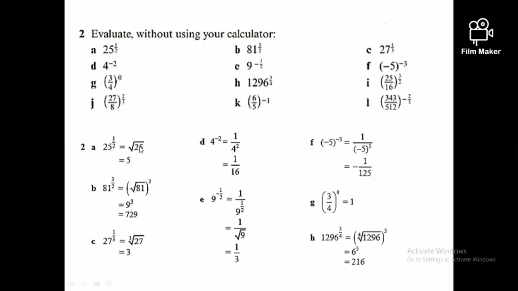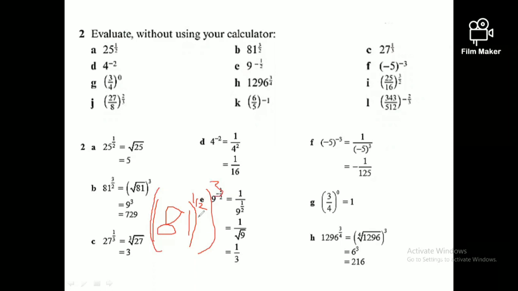25 to the power half is the square root of 25, that is 5. Then if you operate 81 to the power 3 over 2, if you use the same technique we have used, you can write the denominator 2 as 1 over 2, to the power 3.